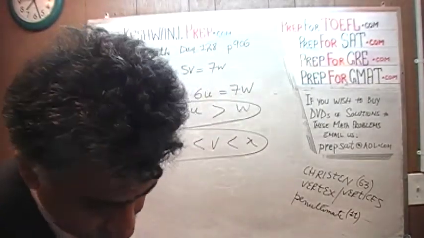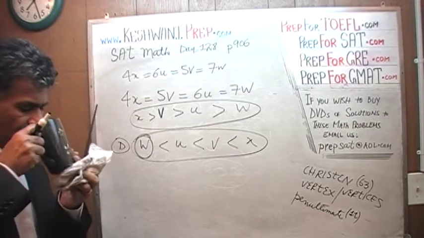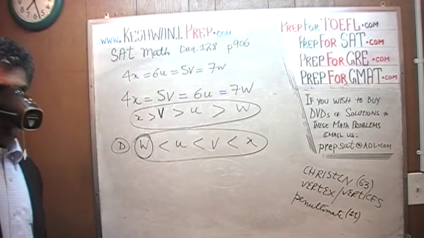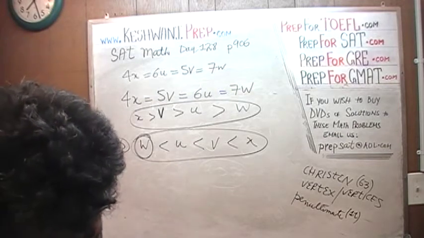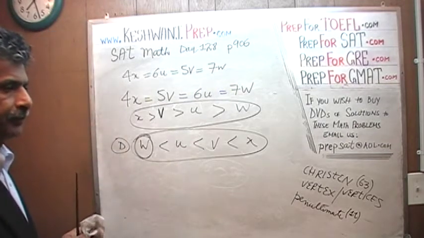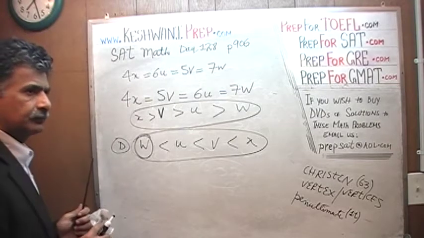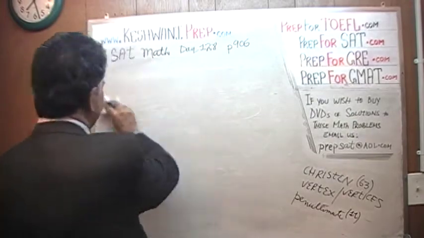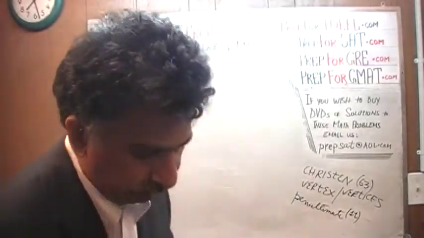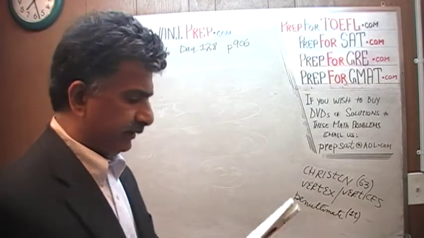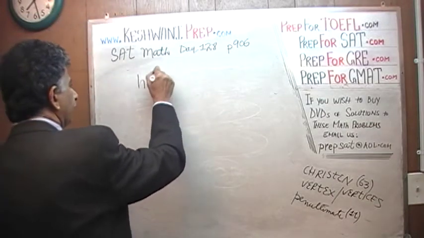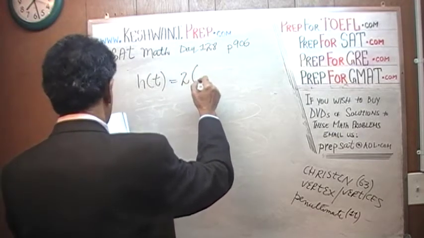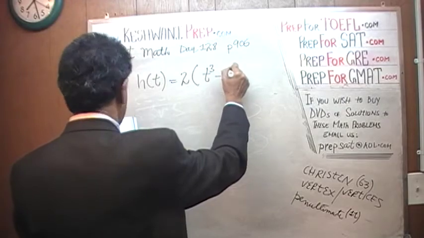Number 14. The very last one on the page, number 14. It says, let the function h be defined as a function of t, which is 2 times t cubed minus 3.